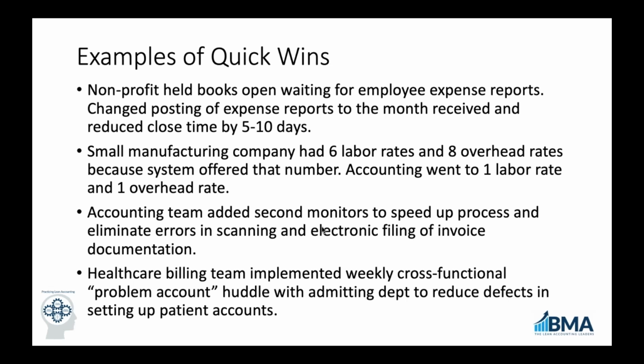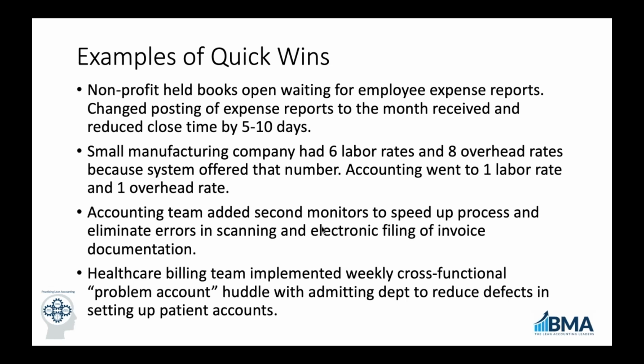And in another example, in a manufacturing company, in terms of detail in their cost accounting system, they had 6 labor rates and 8 overhead rates that they used in their costing system, because that was the number of fields that the software system allowed. So they said, well, we're going to use them.